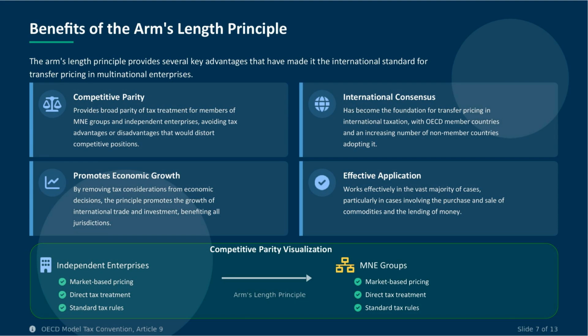The arm's length principle ensures competitive parity by aligning tax treatment for multinational enterprise groups and independent enterprises, preventing tax distortions. It has gained international consensus, forming the basis for transfer pricing globally. By eliminating tax biases in economic decisions, it fosters international trade and investment, driving economic growth. Its effective application is evident in commodity transactions and financial lending.